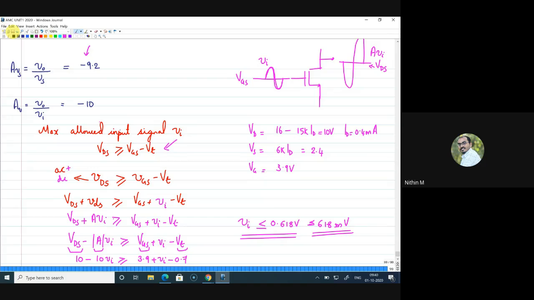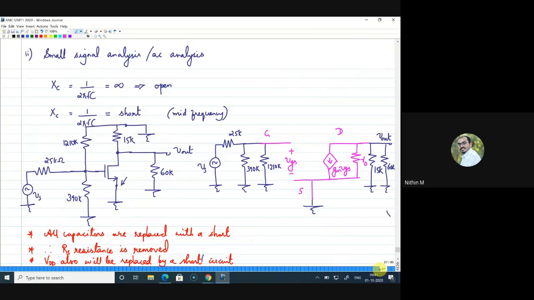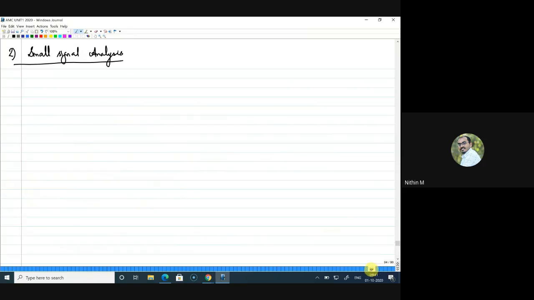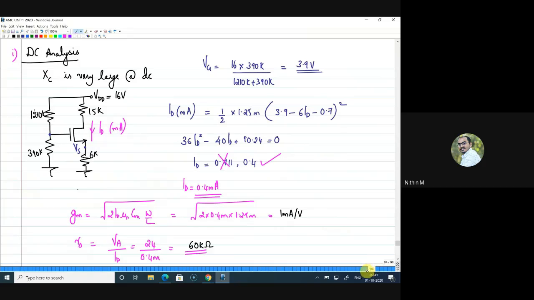So if you have any doubts, you can ask. Is this clear? Is this numerical clear? Oh, it will take some time because this is the first time you are working on a numerical with a lot of steps like DC analysis. You have to get some parameters, then you have to go for AC analysis, right?